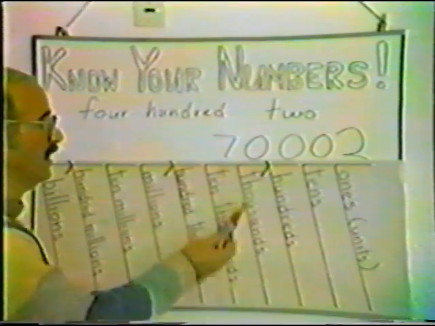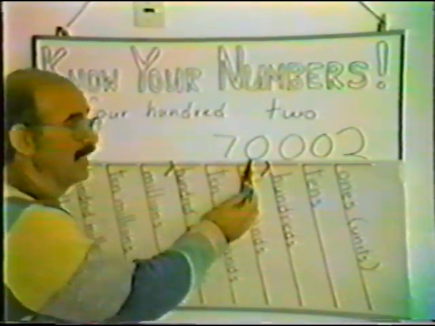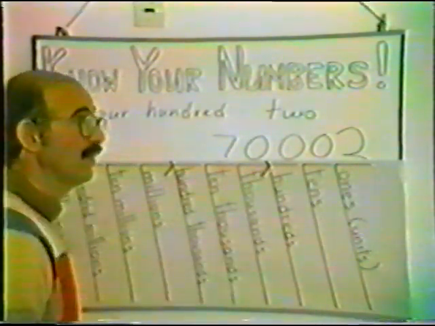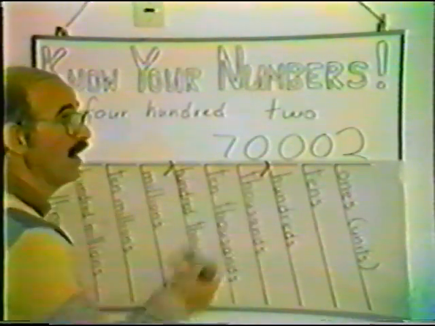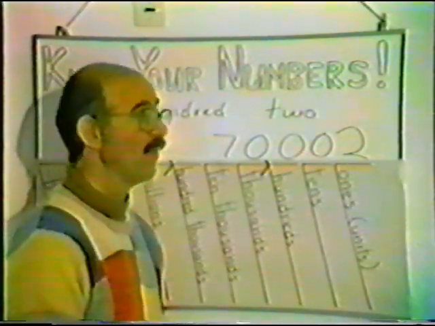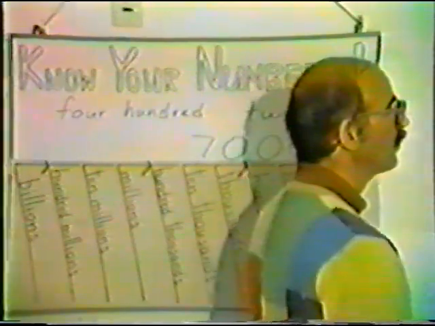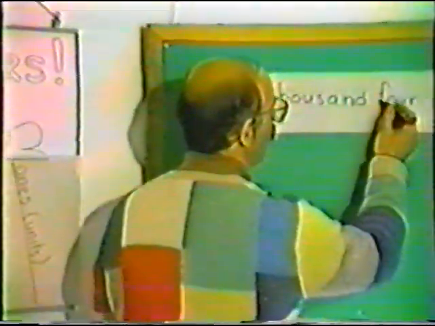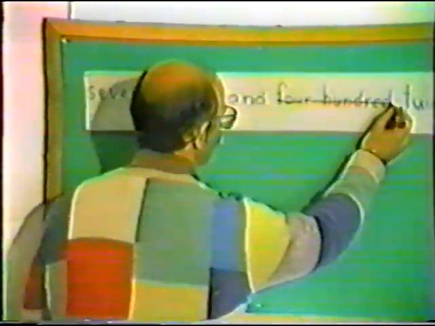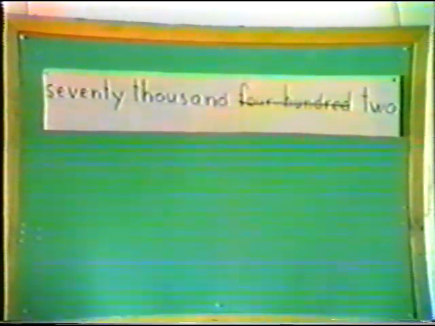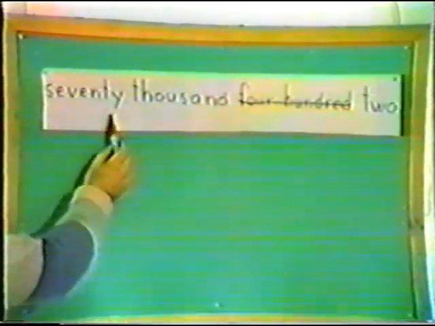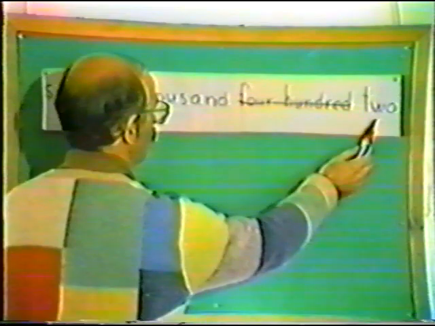Yes, it's just 70,002. We no longer have the 400 that was there before. So let's cross out the 400. And now we just say 70,002.